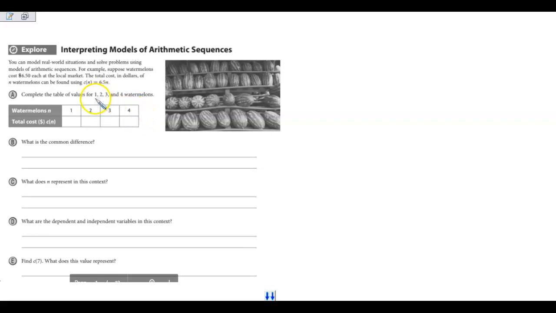And one watermelon is going to cost $6.50. 2 watermelons is going to cost you $13. 3 watermelons is going to cost you $19.50. And 4 are going to cost you $26.